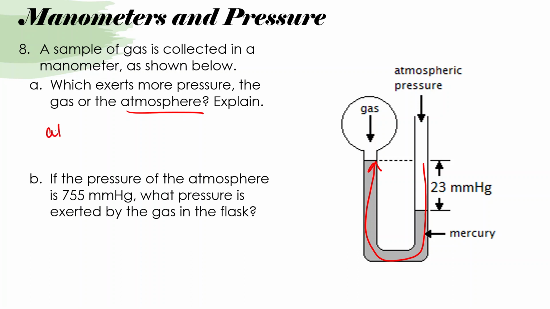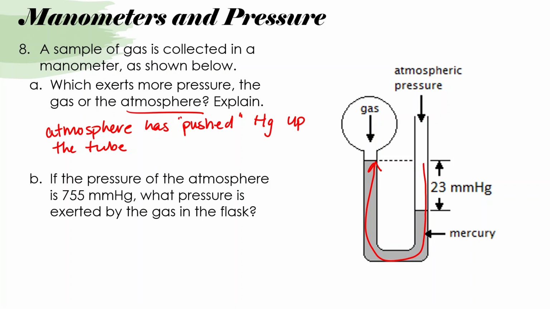So the atmosphere has pushed the mercury up the tube. So that must mean that the atmosphere is pushing harder. So the pressure of the atmosphere is 755 millimeters of mercury. What is the pressure exerted by the gas?